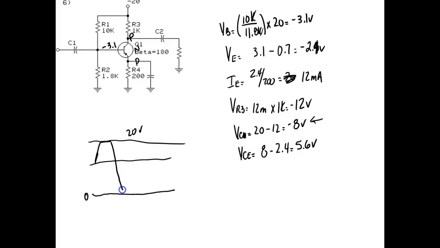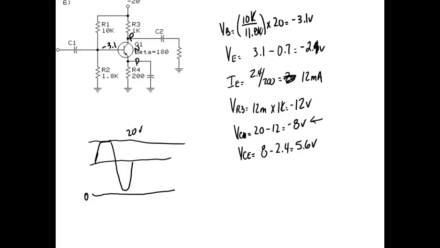So I've got plenty of room on the bottom, but I don't have plenty of room at the top, right? So if I bias it toward cutoff, then the tops are going to clip before the bottoms. And the maximum you can get in depends on where you cut off at.